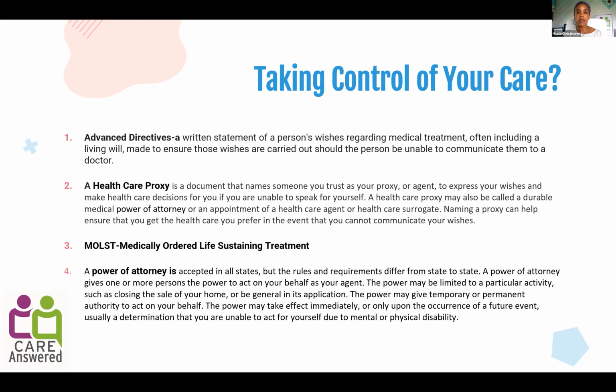So the reality is that healthcare costs money. So it's really important to have both of these in place. And many times you may choose for your healthcare proxy and power of attorney not to be the same person. So it's really important to talk about that and have that as part of your team.